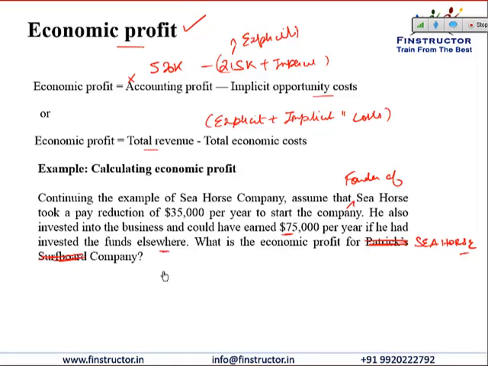So the total implicit opportunity costs, or we can say the total benefit foregone, is how much? $35,000 because of this pay cut, and another $75,000 because of the funds that are now not generating this 75,000, they are invested into the business.